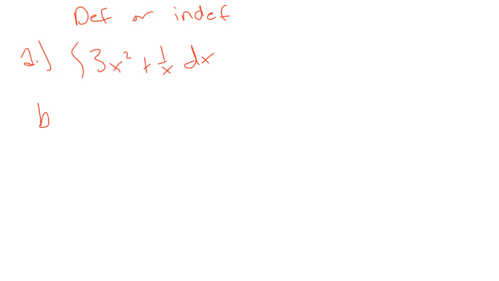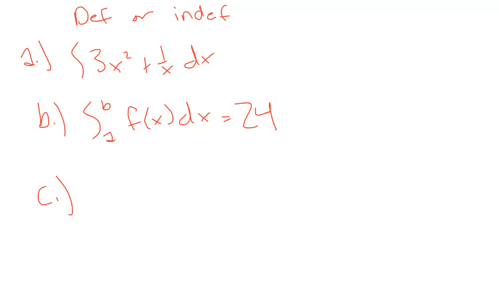For B, the integral from a to b of f of x dx equals 24. And lastly, for C, the integral of g of x dx equals 72x to the 2/3 plus c.